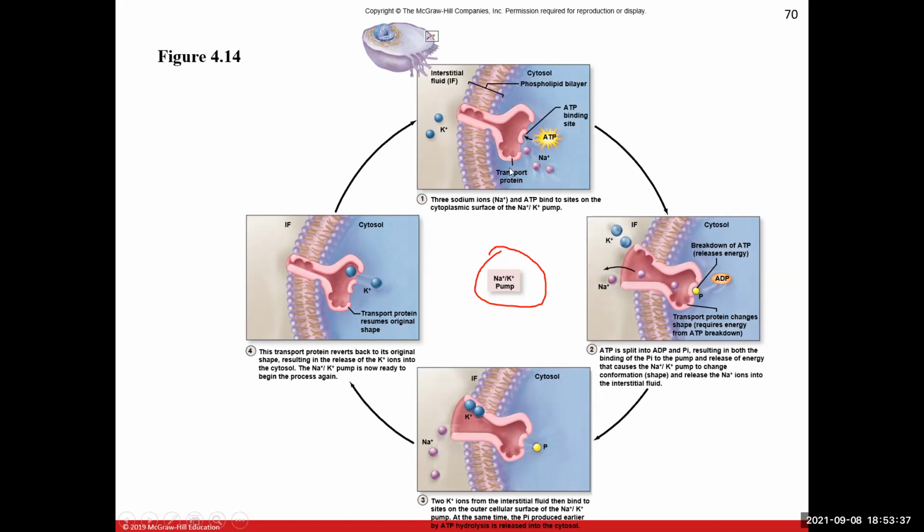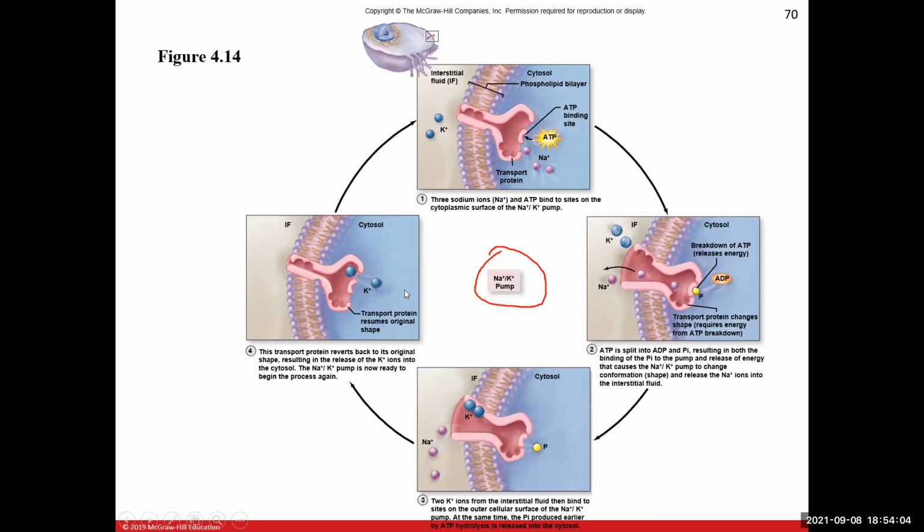As you can see here in the picture, you have 3 ions here. They enter into the pump, and then as the pump is doing its thing, it moves those sodium ions out of the cell. Meanwhile, this pump is going to move potassium ions to the inside of the cell. So once sodium leaves, potassium comes into the pump and enters into the cell.